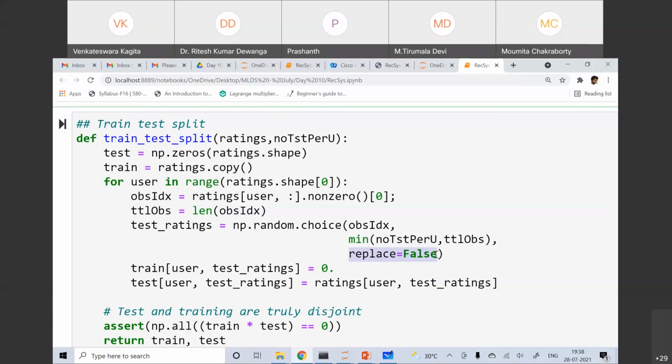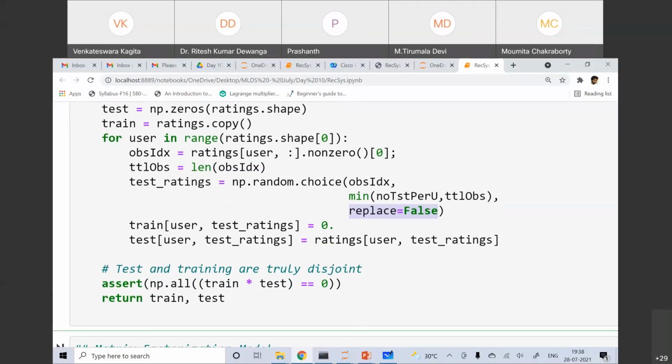We don't want to take duplicate elements in the test, that is why replace equal to false. So you are dividing the training and testing. All these test ratings that you have picked up, you are making them 0 in the training data, and you are just picking up those rating indices and making that the test set. So you have divided the data into training and testing, ensuring that training data and testing data are disjoint.